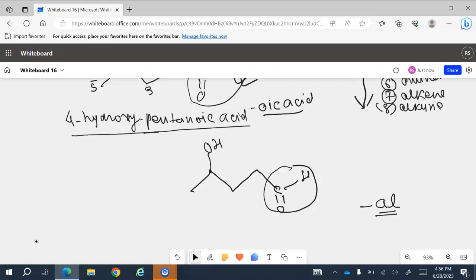We will discuss that later in the chapter when we discuss aldehydes, but al will be the suffix for aldehyde. Since the aldehyde has higher priority, the OH group we consider again as the hydroxy group. When the OH has the higher priority, we call that the ol suffix. But if you have another functional group that has higher priority, then we have to put the OH group as a substituent, and we consider that as hydroxy. That is the point that you need to note.